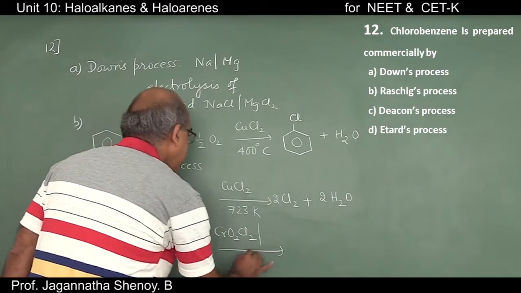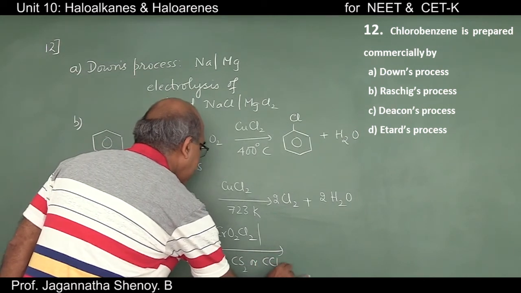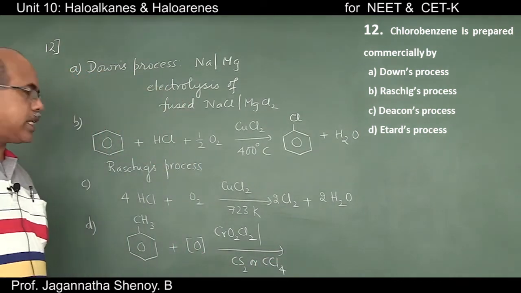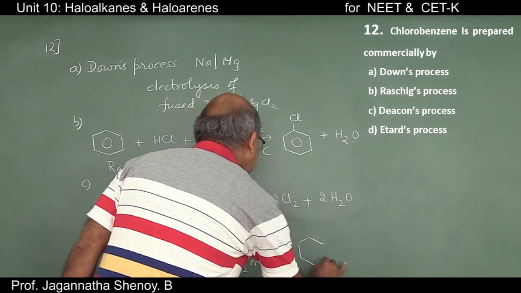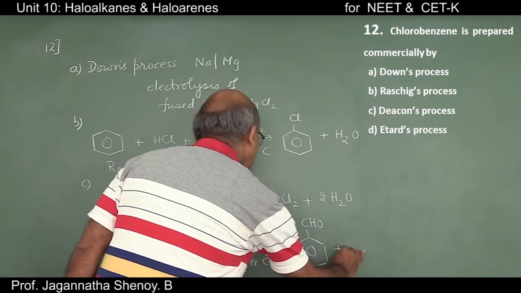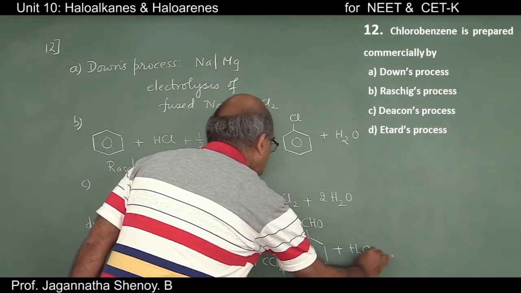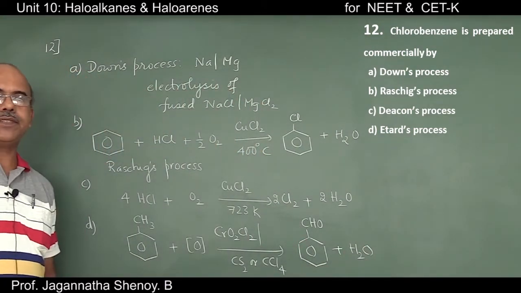The reaction is carried out in the presence of non-polar solvent like CS2 or CCl4. The product obtained here is benzaldehyde, C6H5CHO. In addition to that, we get water, and this is Etard's reaction.